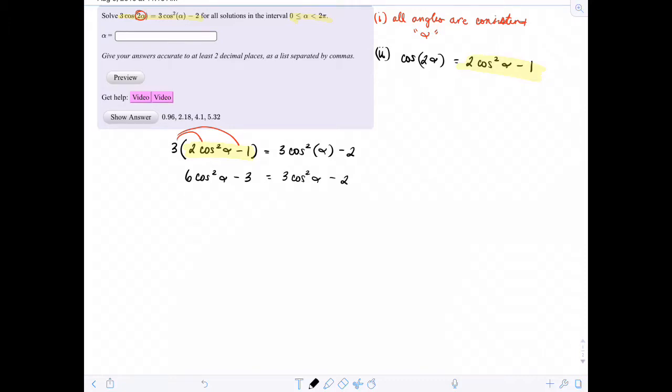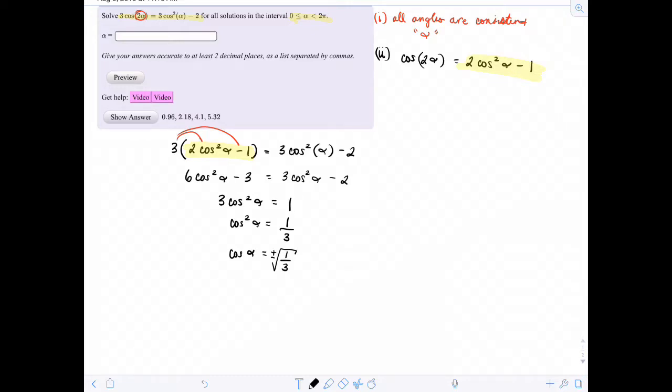And so applying some algebra here, we'll isolate the cosine squared term and then put constants on the right. So on the left we get 3 cosine squared alpha equal to 1. And just doing a little more algebra, we get cosine squared alpha equal to 1/3. If I rewrite this, cosine alpha equals plus or minus the square root of 1/3.